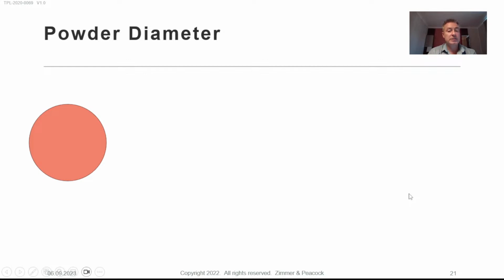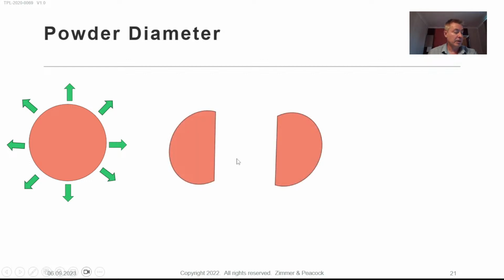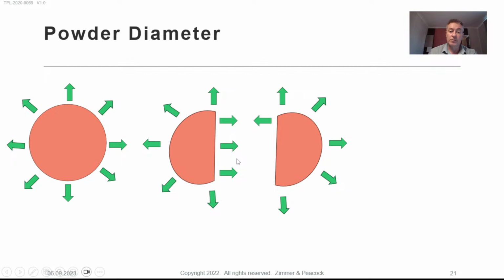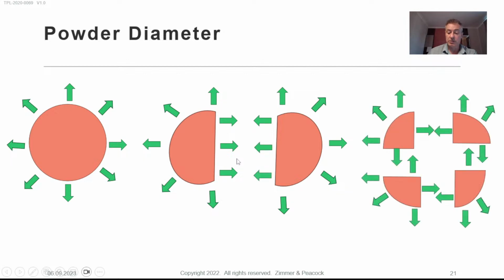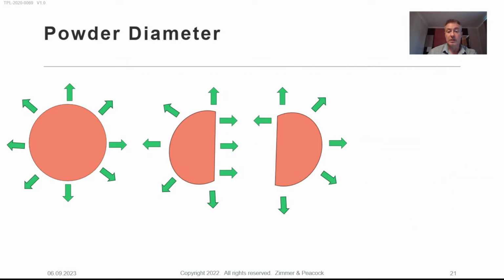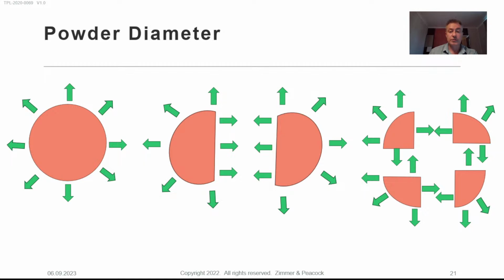Just to say on powder diameter, it's something that you probably can control. If I've got a coarse powder, things dissolve from the surface outwards. If I grind that powder up slightly, I increase the surface area. I went a bit too quick, but you can see where I'm going with this. If I grind the powder a little bit more, I increase the surface area quite considerably.